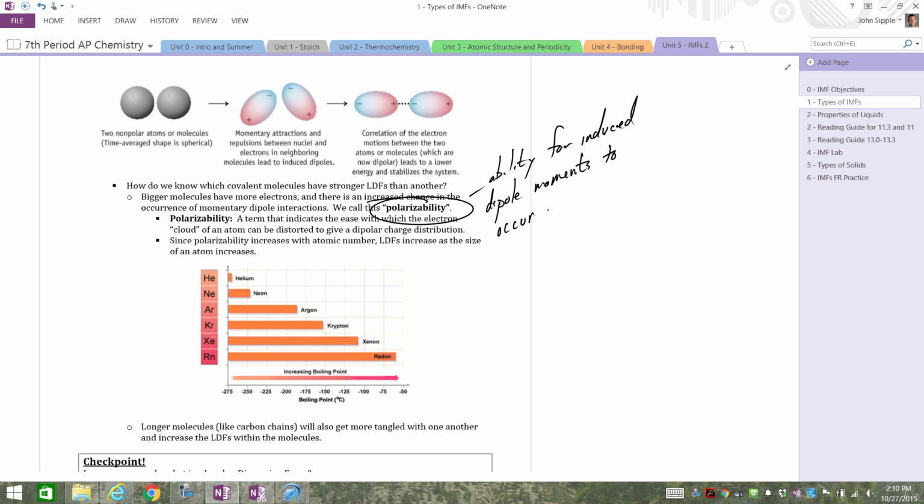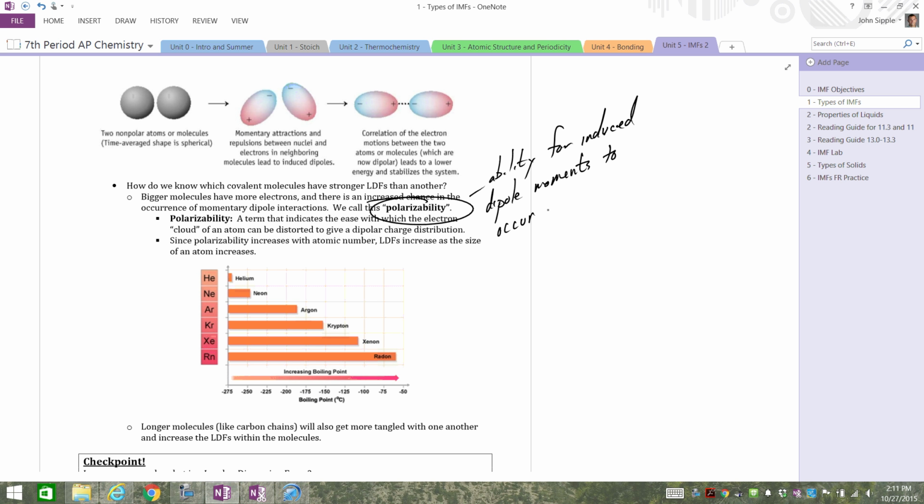And remember, just real quickly, a dipole is just a molecule with a positive side and a negative side. And sometimes those dipoles are just for a moment, for a second.